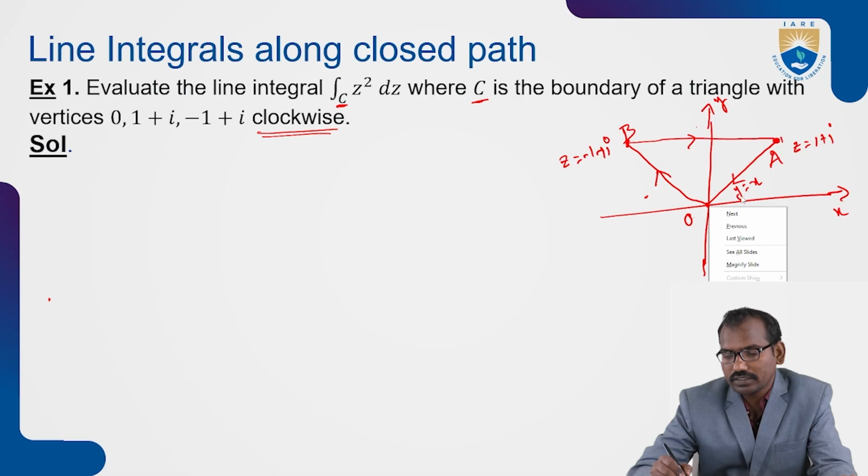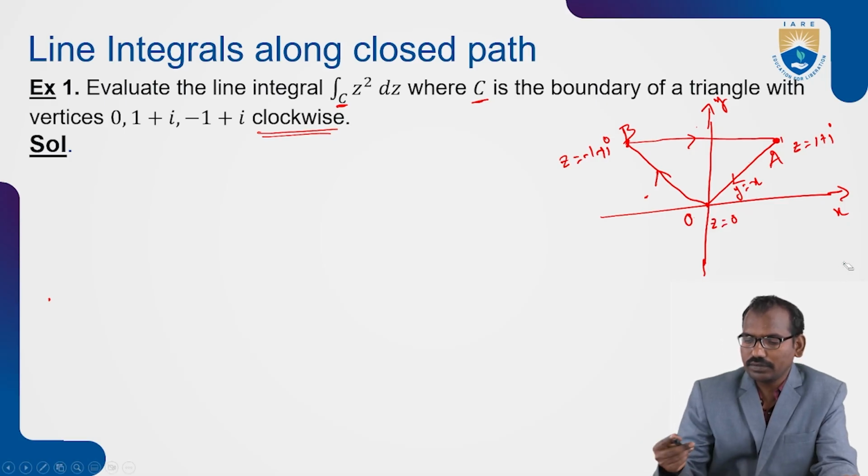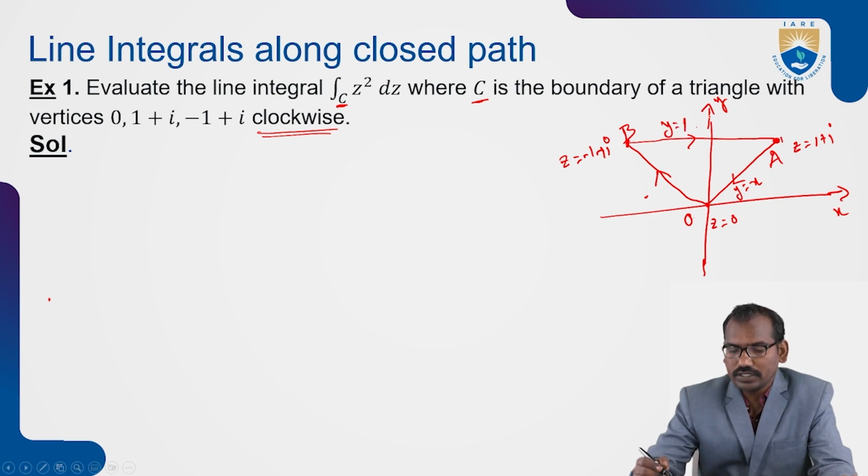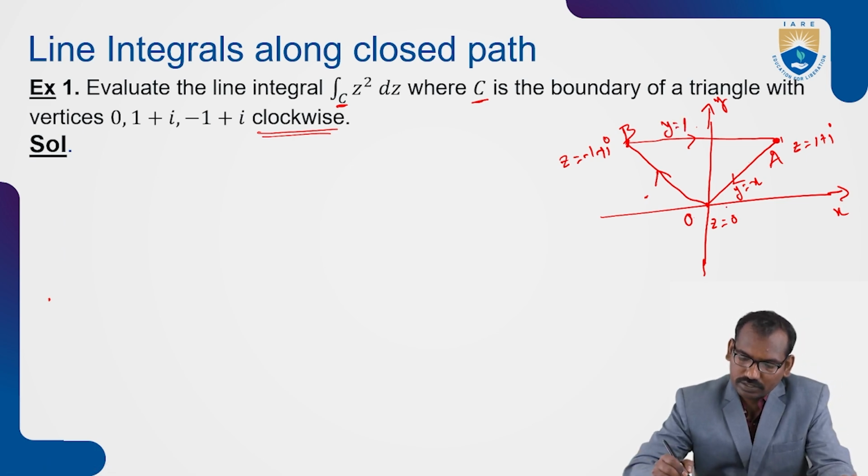Similarly, the path BA is y equals 1. And the path OB, mathematically, you can write as y equals minus x. In this problem, we have to perform integration along this closed path.